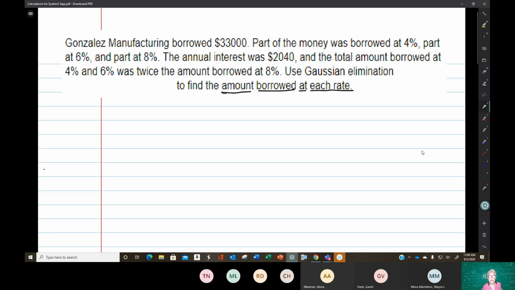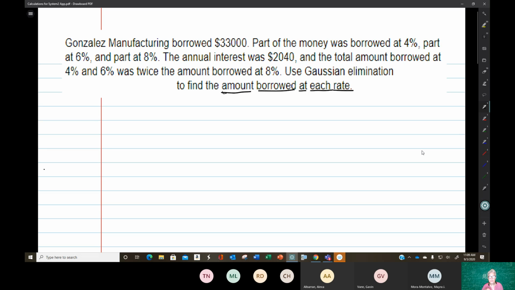Matrices are often applied to numbers, so let's read this. You've got Gonzalez Manufacturing, and they borrowed $33,000. Part of the money was borrowed at 4%, part at 6%, and part at 8%. The annual interest was $2,040.